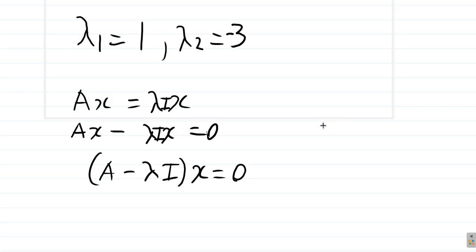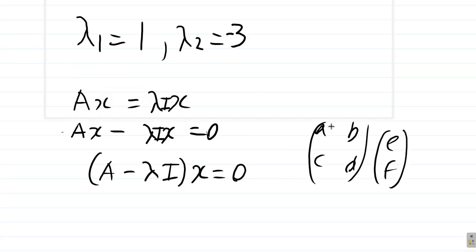If you have a 2 by 2 matrix A, B, C, D, you can have a column matrix on the right, call it E, F. Row times column: A times E plus B times F. So that's why I put x on the right.